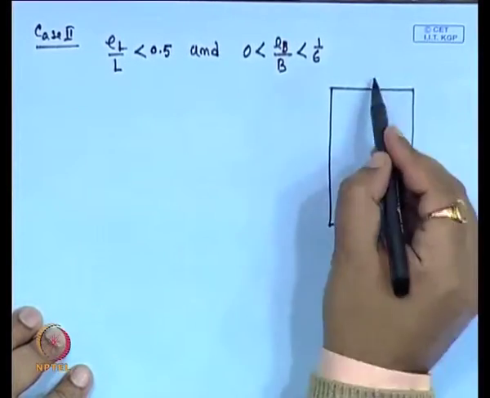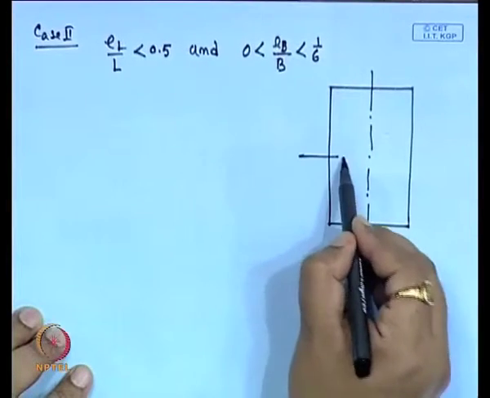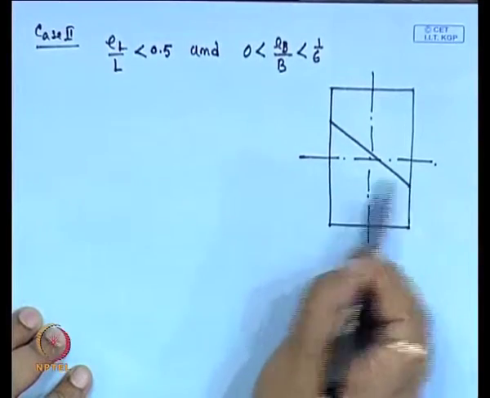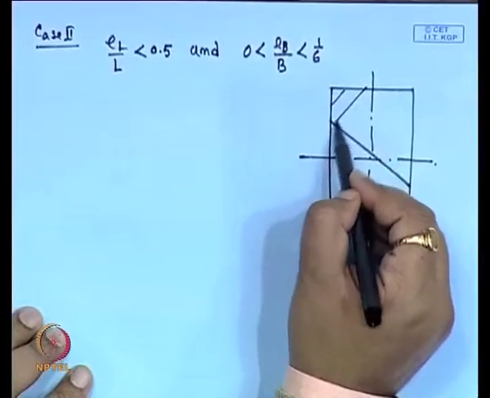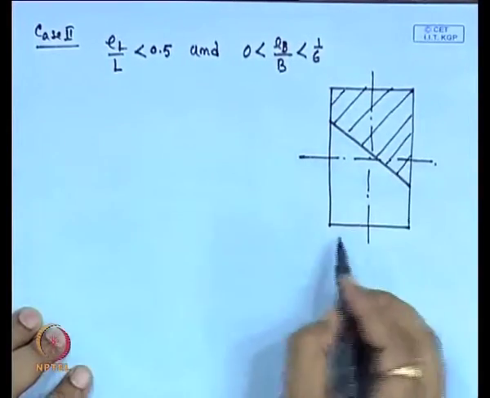Now, this is the footing. This hatch zone will give us the effective area.